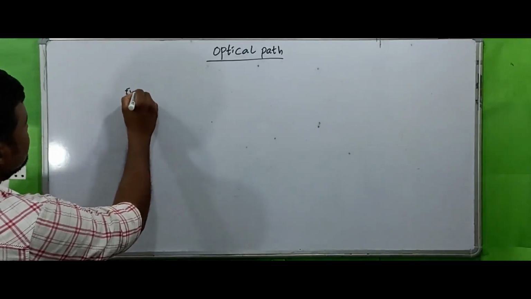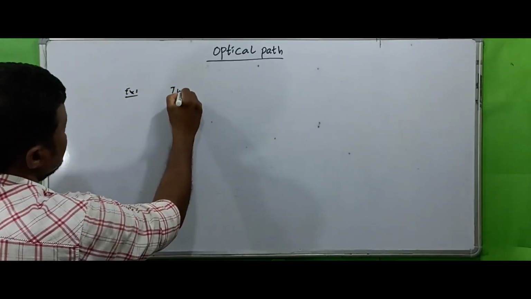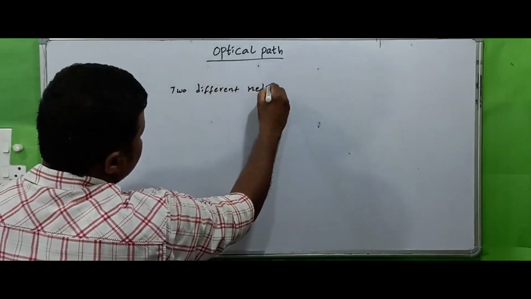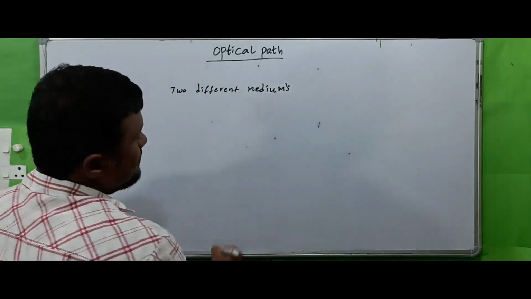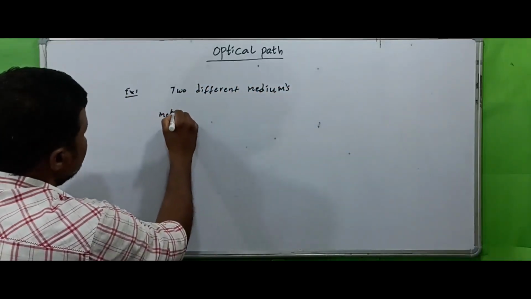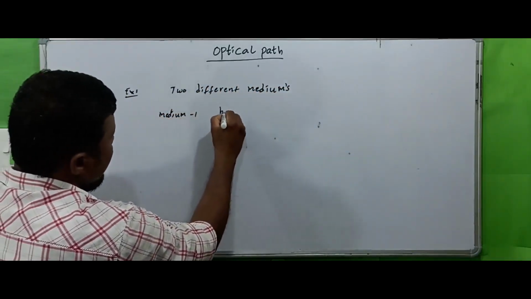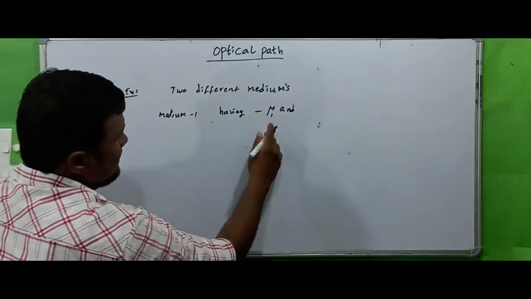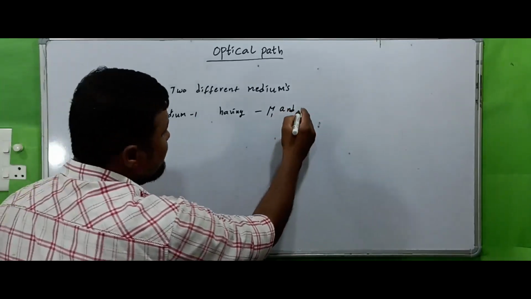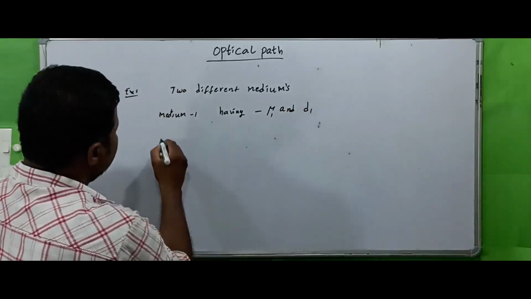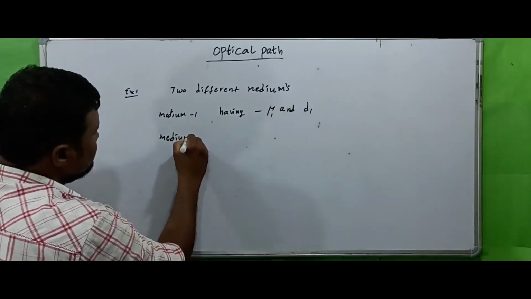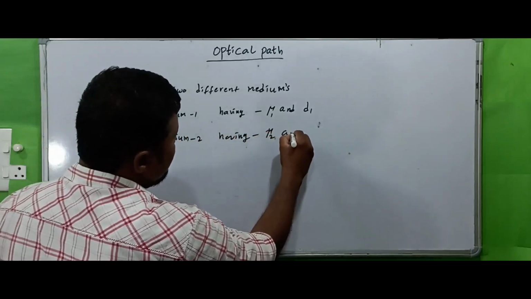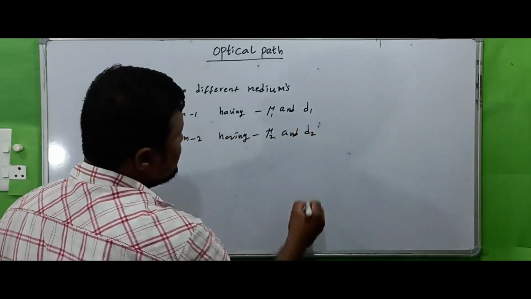Now we will see one example. Suppose two different media are given. Medium 1 has refractive index mu1 and the distance traveled by light in medium 1 is d1, and medium 2 has refractive index mu2 and the distance traveled by light is d2.